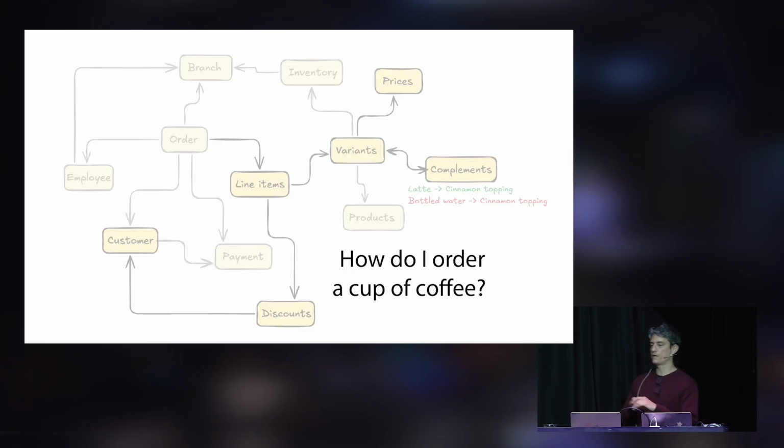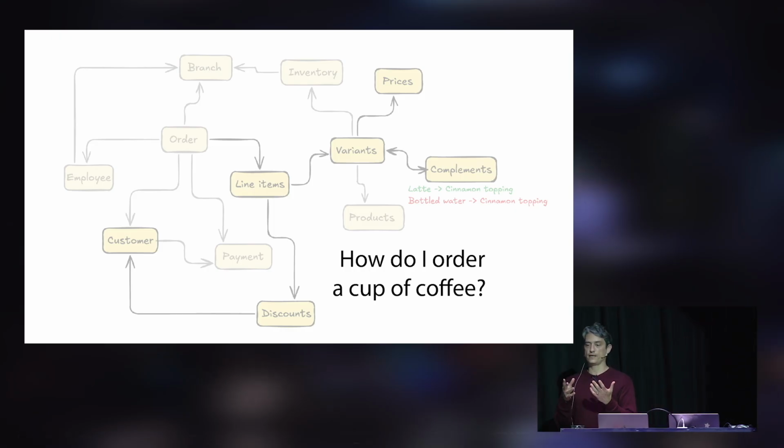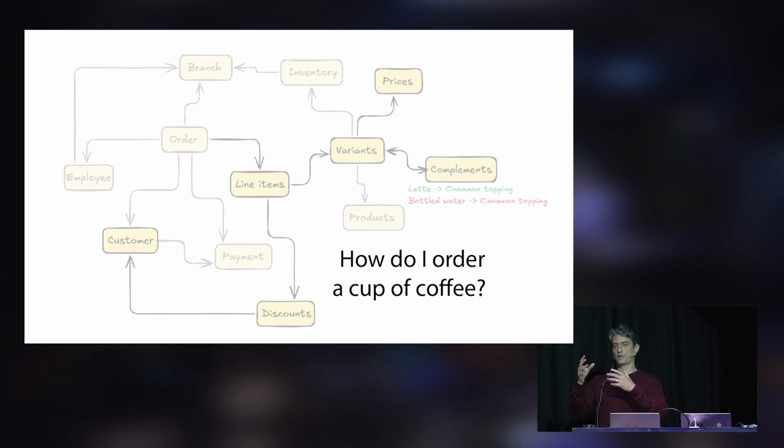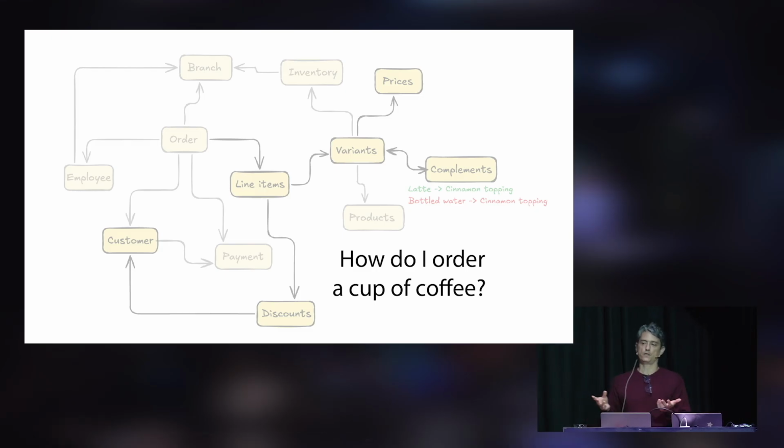The other thing about this way of describing software is that it's really good at describing the structure and the relationships of the components in a software system, but it's maybe less good at describing behavior. If you look at this, you can understand the different concepts in the domain, but how do you actually order a cup of coffee with this mental model, right? What are the workflows that are exposed, from the time the customer walks in the shop and orders a coffee to the point where he leaves out the door with the coffee in their hand?